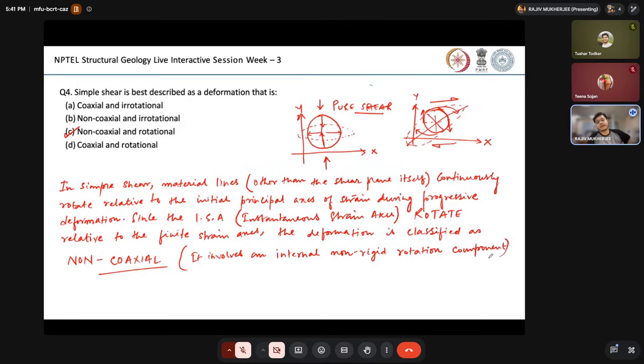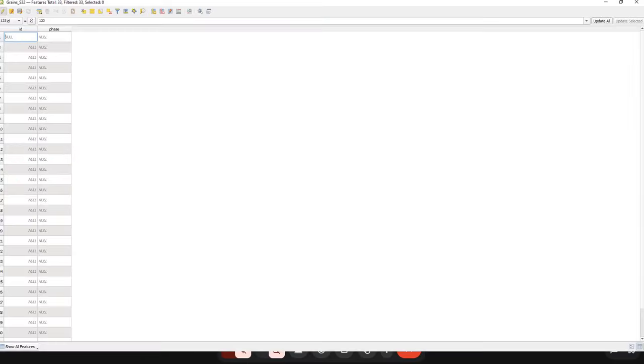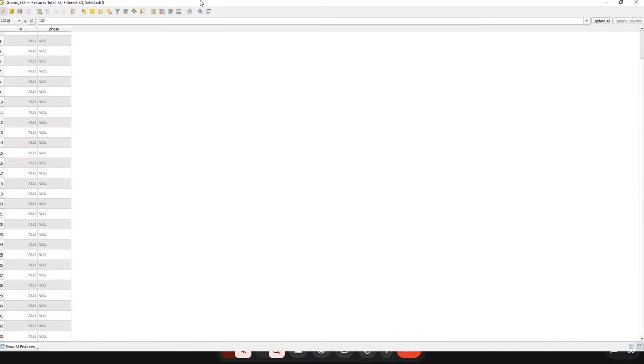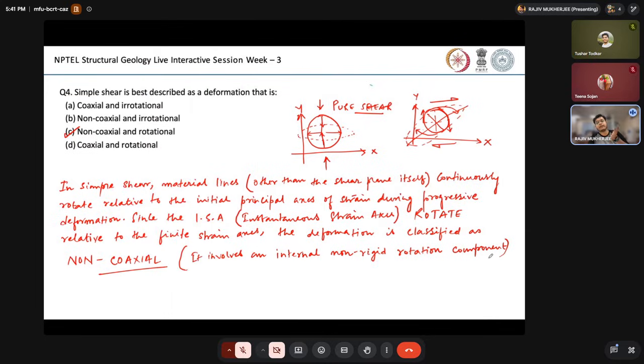Why non-rigid? Because in rigid body rotation, there is no internal deformation within the rigid body. So every line that were initially parallel or perpendicular within the rigid body will remain the same. The angle between these two lines will remain the same, but the overall orientation will change. But the orientation itself between these two lines within the rigid body will remain the same.